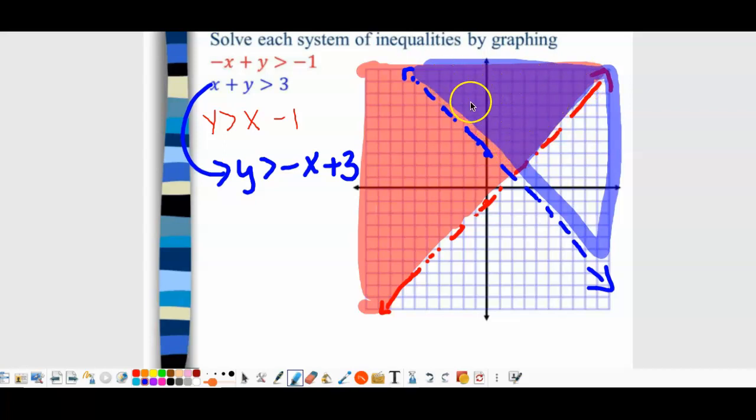So this triangle either needs to be super dark compared to all your other shading. You can do 2 colors like I did. Or you need to not shade where the one line would be shaded but isn't part of the solution to both.